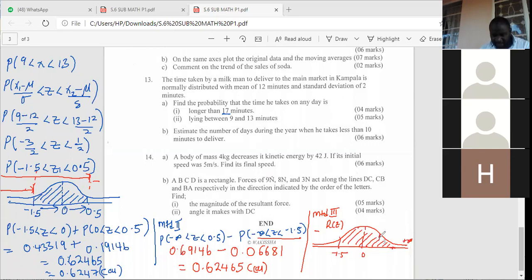Then come and read from 0.5 beyond. You see that the clearly shaded part is this remaining area. So we subtract probability of negative 1.5 less than z less than positive infinity minus probability of 0.5 less than z less than positive infinity.